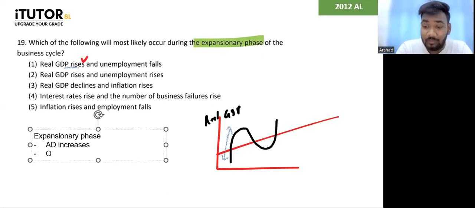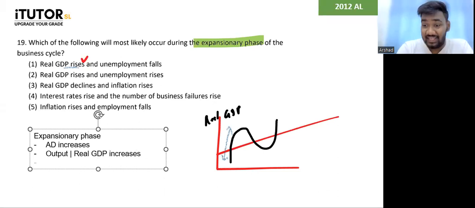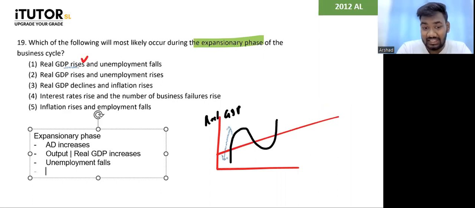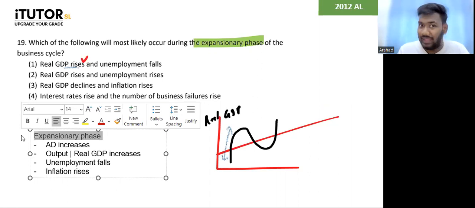The output, or we can call this the real GDP, increases. Also, you can say that unemployment falls. Okay. And you can also say inflation rises. Or you can say price levels start to rise. That is what happens during the expansionary phase, or during a boom, we can say.